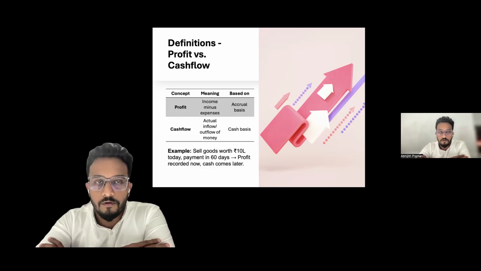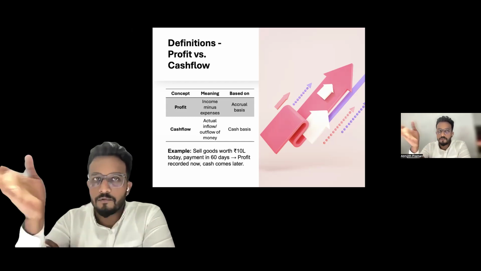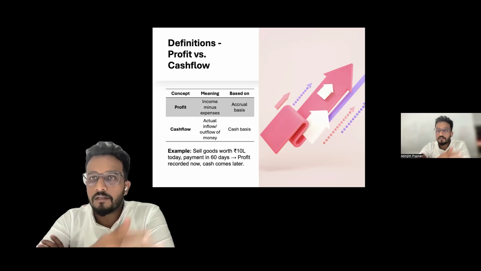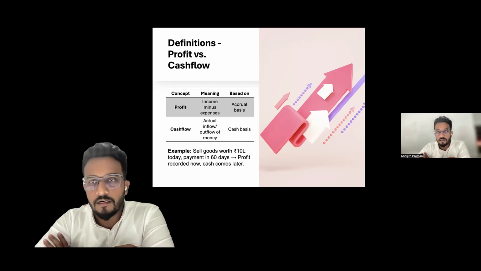Typically we create a ledger account, maybe something like a rent account or rent payable. I'm not going too much into the accounting part, debit and credit and all, but just telling. So on the 31st, the accountant would post the entry that rent is due.